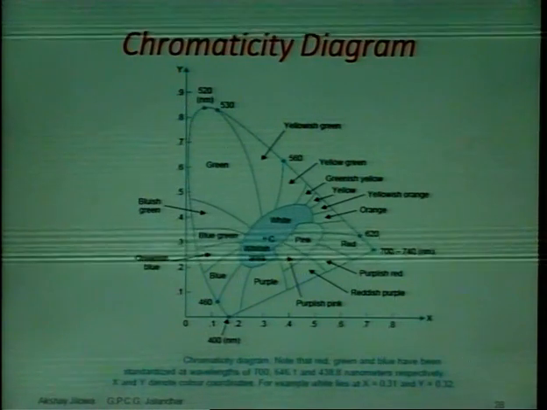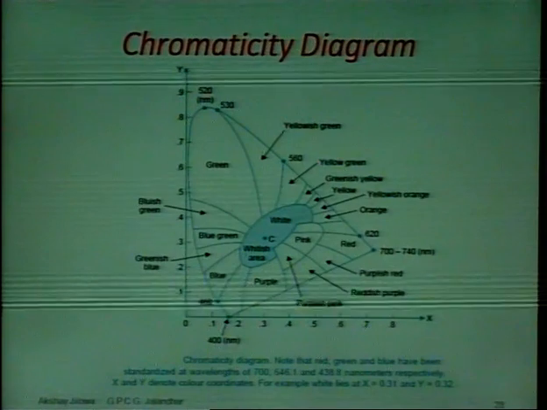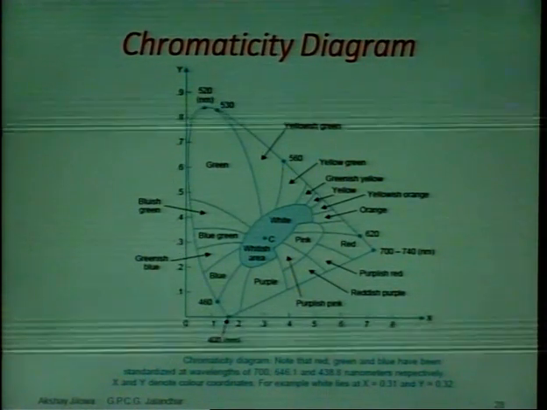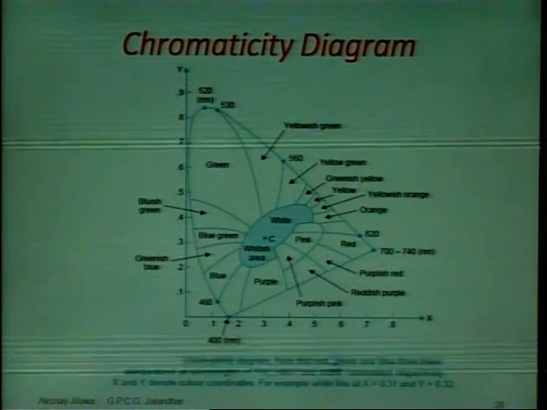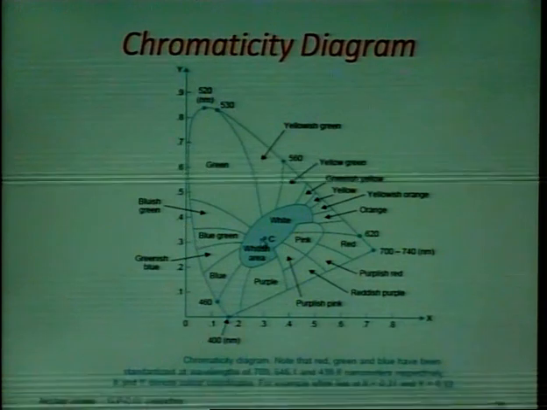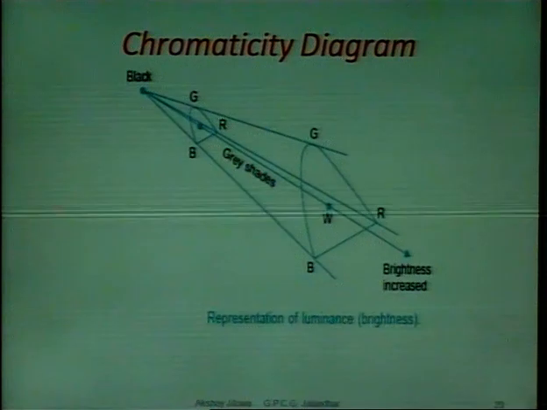X and Y denote color coordinates. For example, white lies at x equal to 0.31 and y at 0.32. Here lies the white.